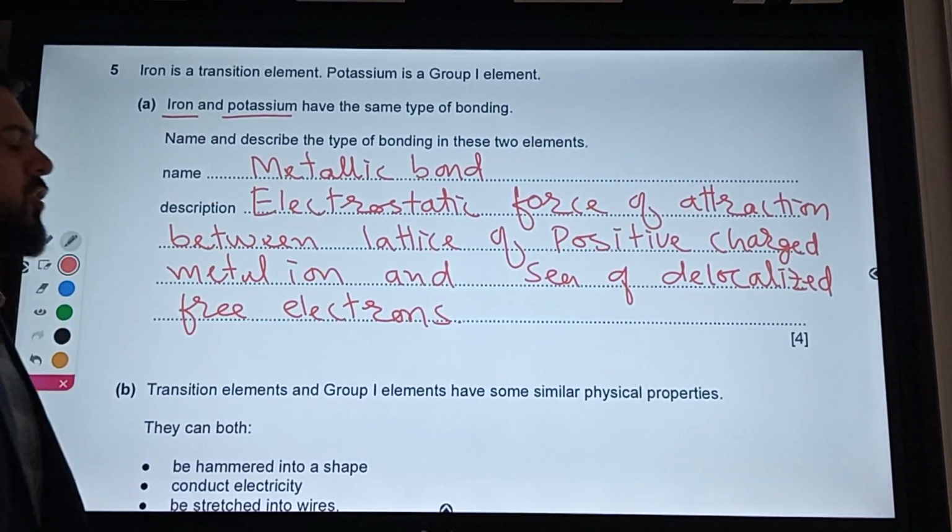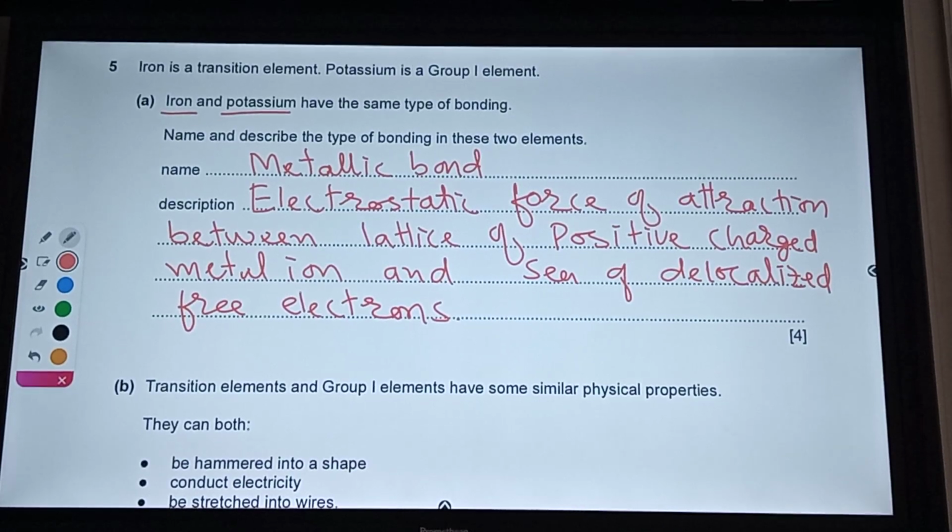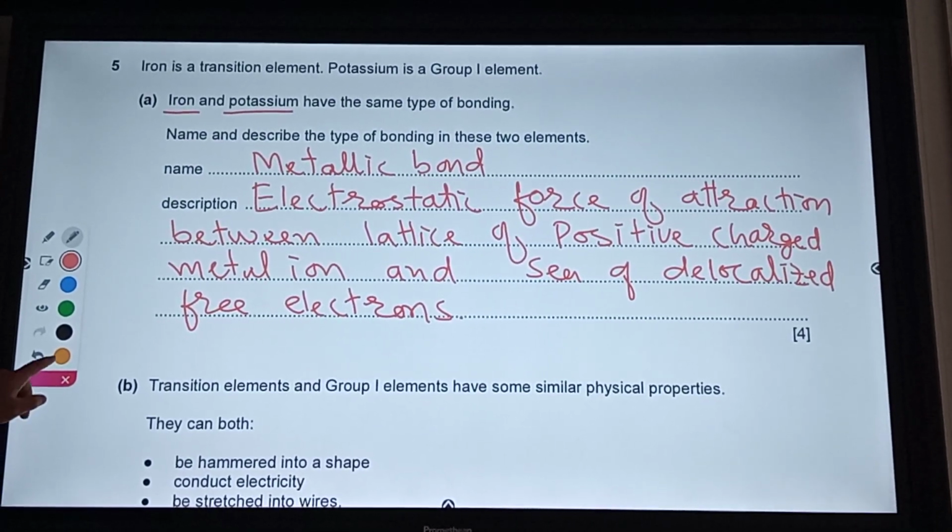Okay, so this is the description, this is the definition of metallic bonding.